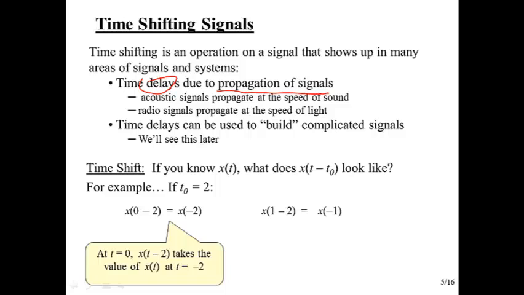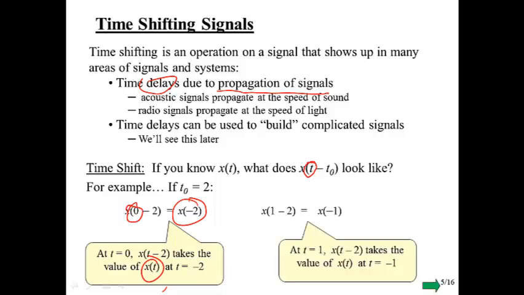When we plug in 0 for t, what does x of t minus t0 look like at t equal to 0? It takes on the value of x evaluated at minus 2. So at time equal to 0, this new shifted function looks like something that happened 2 seconds in the past. So it's time shifted.